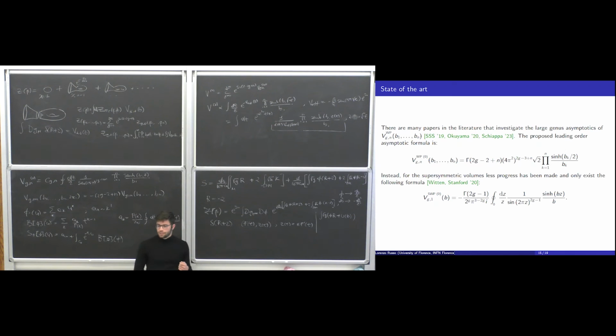But I think that what you're asking is already encoded in these expressions, meaning that this is already the contribution that you would like to add to your perturbative computation, if this is what you meant. Not sure. Okay, thank you.